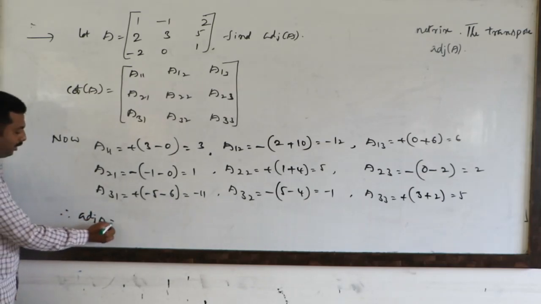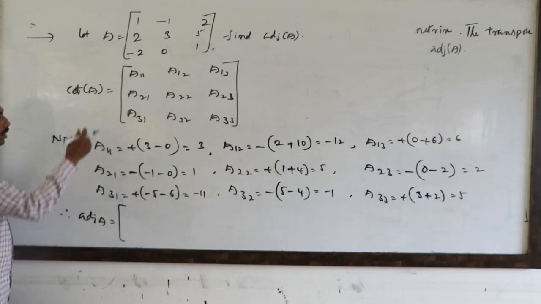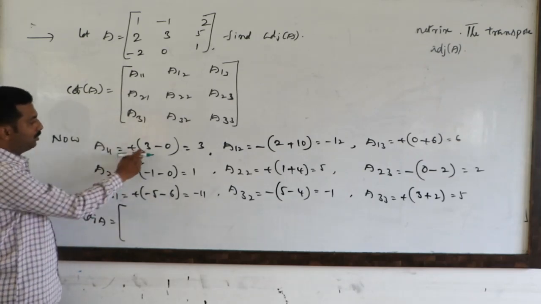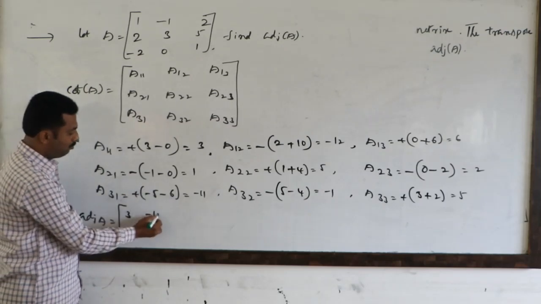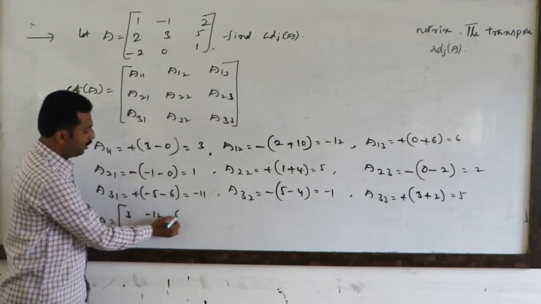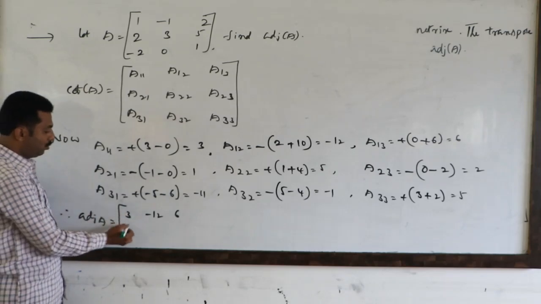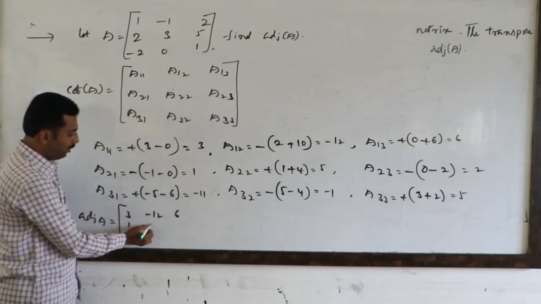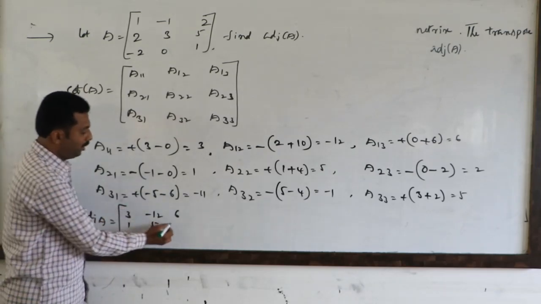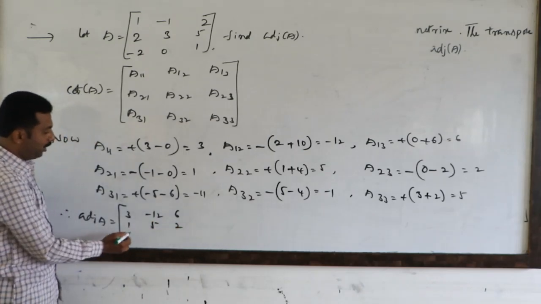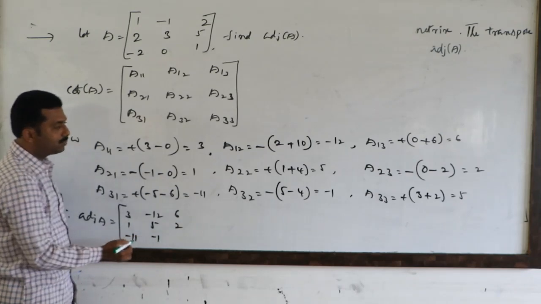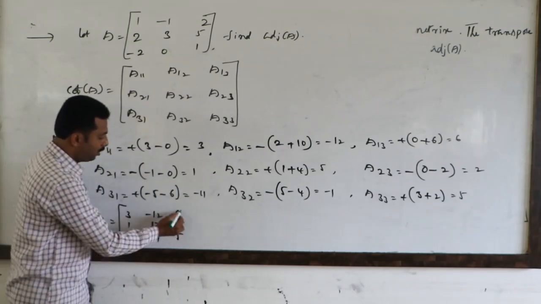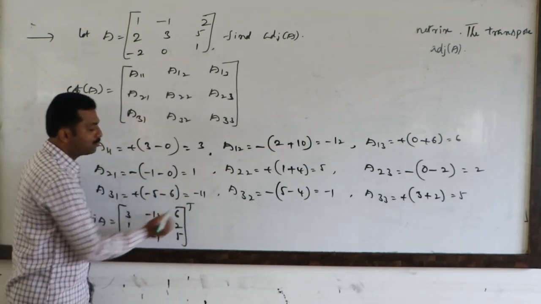Therefore, adjoint of A equals A11, how much? This is A11 3, A12 minus 12, A13 6, A21 1, A22 5, A23 2, A31 minus 11, A32 minus 1, A33 plus 5. Its transpose.